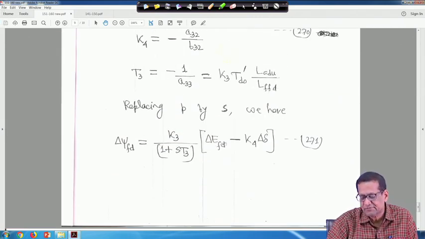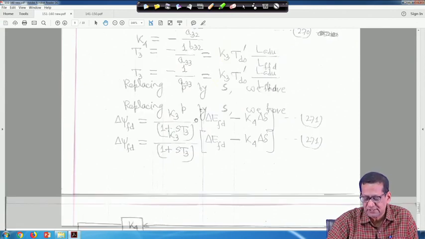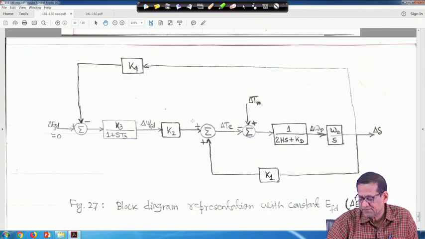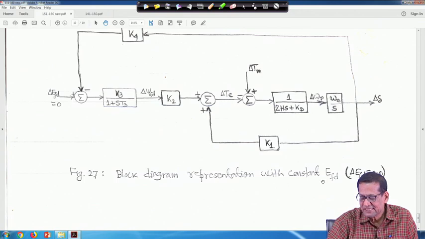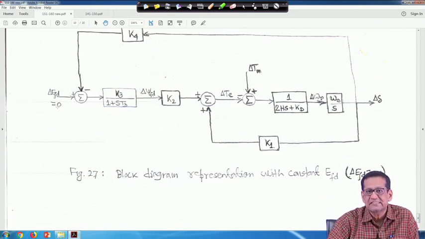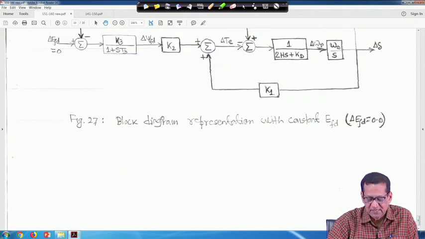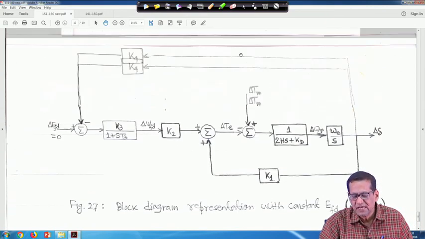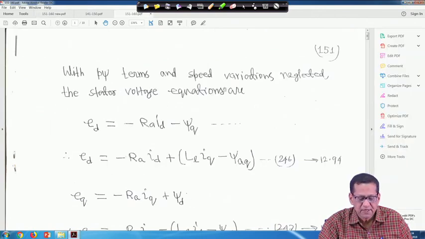I think this is understandable to you. This is 271, the block diagram representation with constant Efd. Constant Efd means delta Efd is equal to 0, that is why it is written. So, now we will go to the next page.